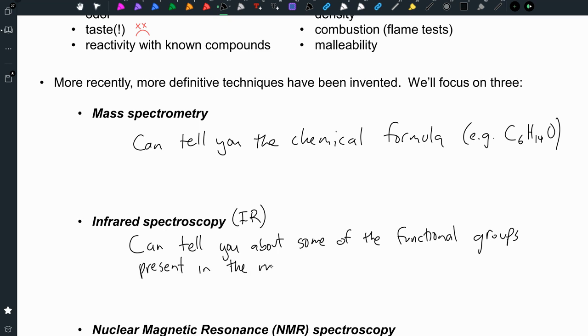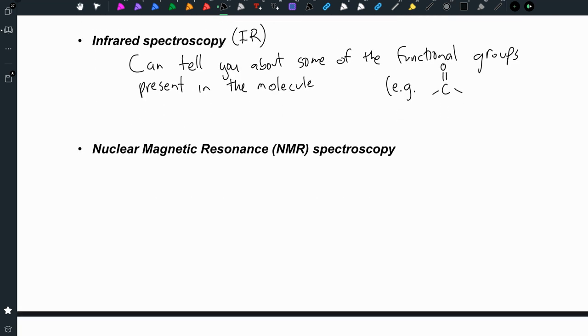So also a very useful technique, right? It might be able to tell me, for instance, that I have a carbon double bonded to oxygen. All right, that's a useful piece of information, but still, just knowing a chemical formula and knowing some of the functional groups doesn't give me one unique molecule either. So we need further techniques.